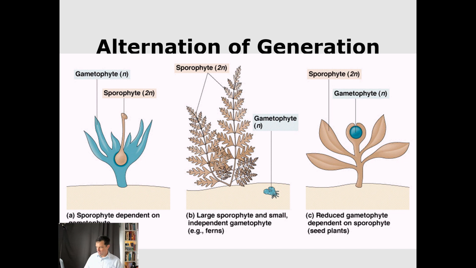So just a quick review of some of the things we've seen in plants with the alternation of generations. We went with mosses that were sporophyte dependent on a gametophyte. So in a moss, remember this whole thing, most of the organism was a gametophyte, and growing out of the female gametophyte, out of the archegonium, was the sporophyte.